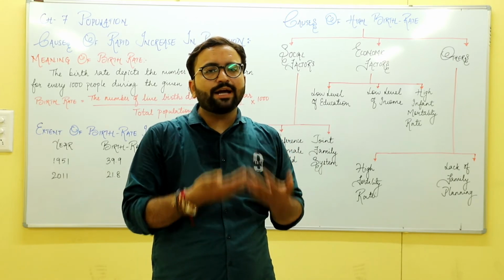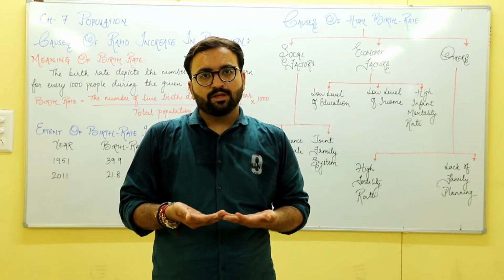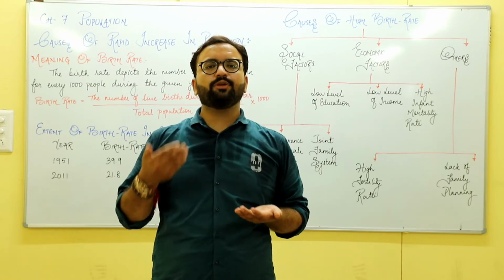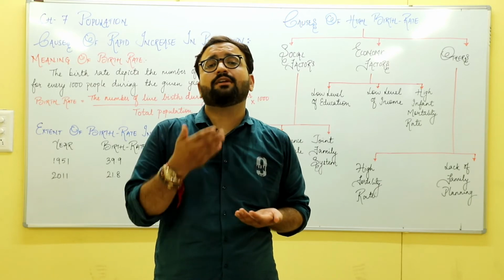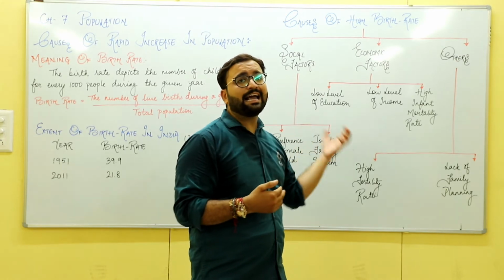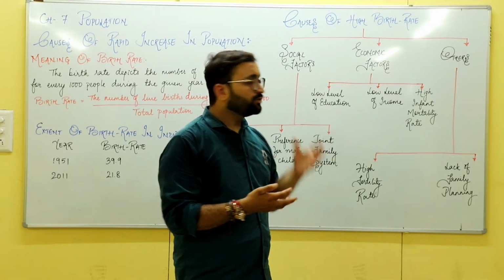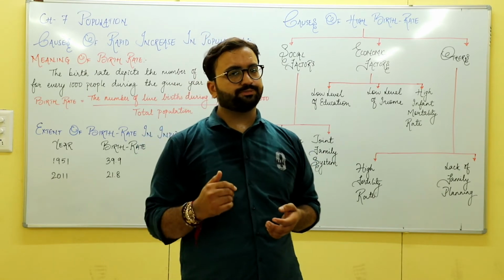If she is more educated, there will be fewer children in that family. Higher the education, lower the population; lower the education, higher the population. That is an inverse relationship between education and the birth rate. So education plays a vital role in controlling the population.